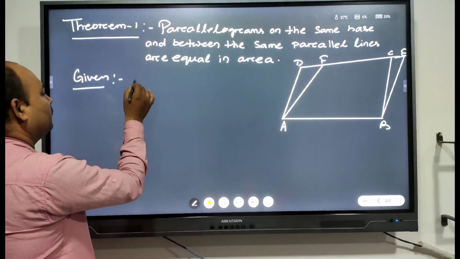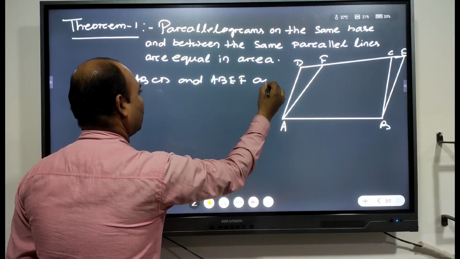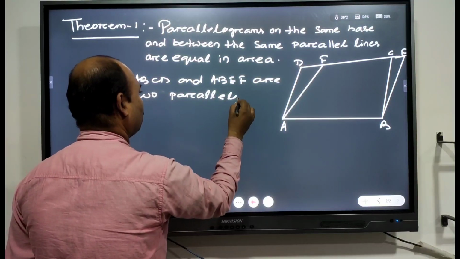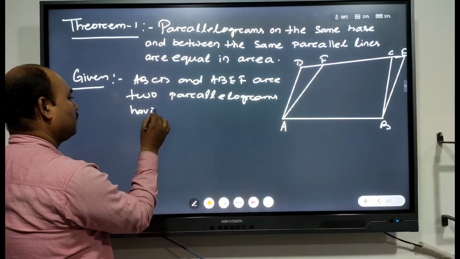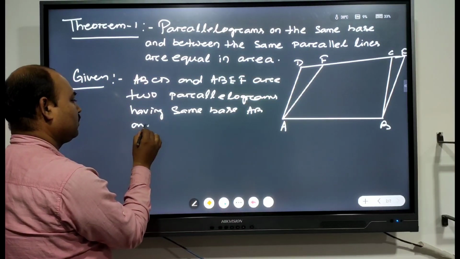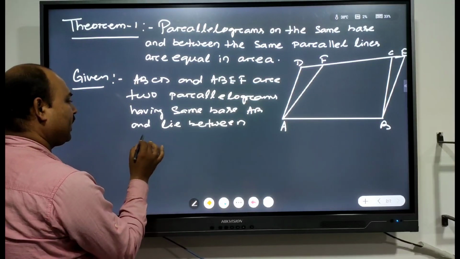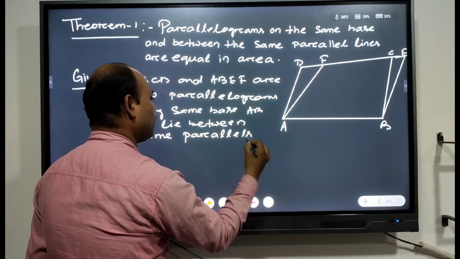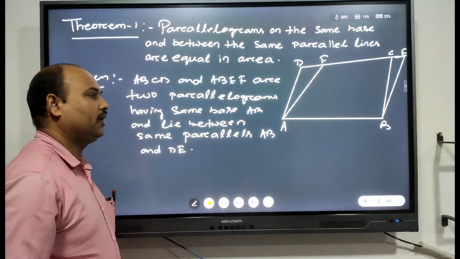Here ABCD and ABEF are two parallelograms having the same base AB and lying between the same parallels AB and DE. Okay, it is the given part.